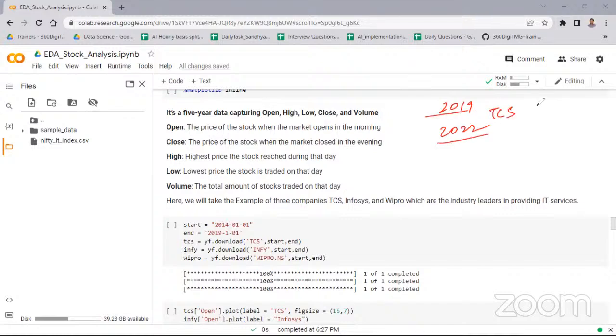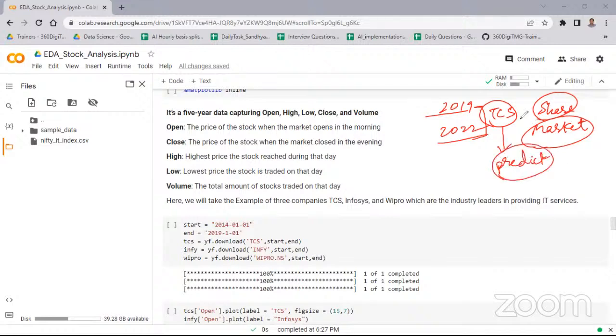What is their share market or capital market where you have investments? In this range, whether the shares are increasing or decreasing will help us to predict.